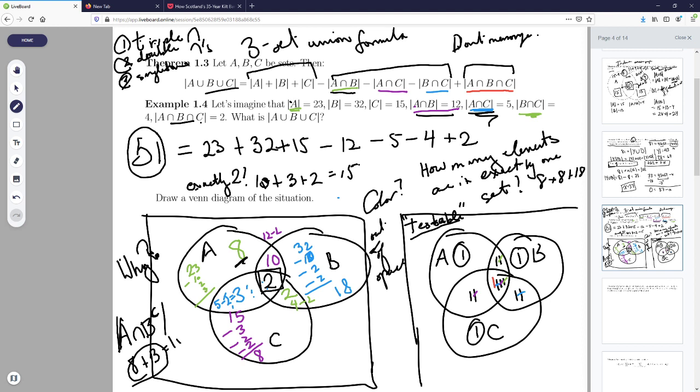And then you will calculate if I give you a number. So if I say there are 60 total things, right? If I say that the number of things in the universe is equal to 60, but we know that the number of things in A, B, and C, when you add them all together, is 51, then there should be 9 things out here.